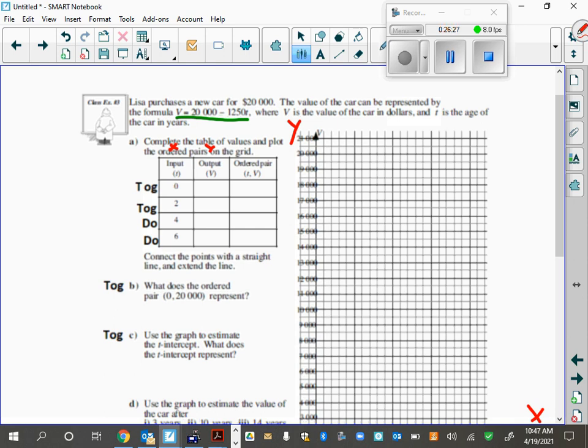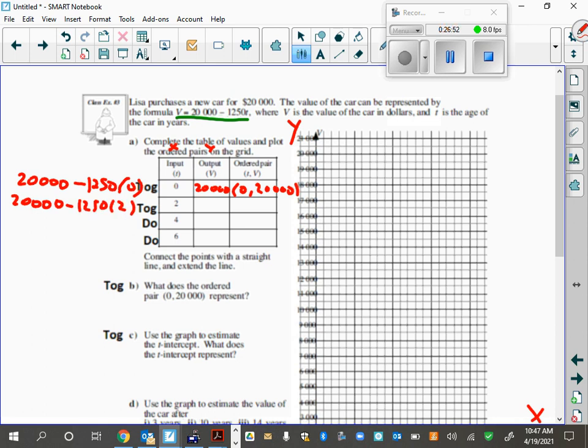Plug this in, so 20,000, subtract 1,250 times 0, what does that equal? 20,000, so you need the point 0, 20,000. And then if we go after 2 years, how much is it worth? Anyone do that in their head real quick?